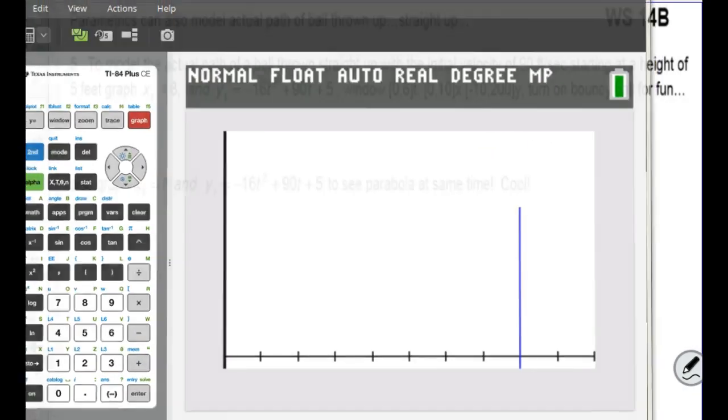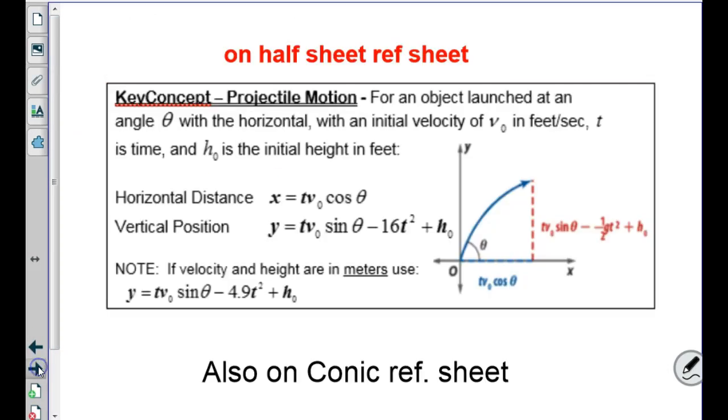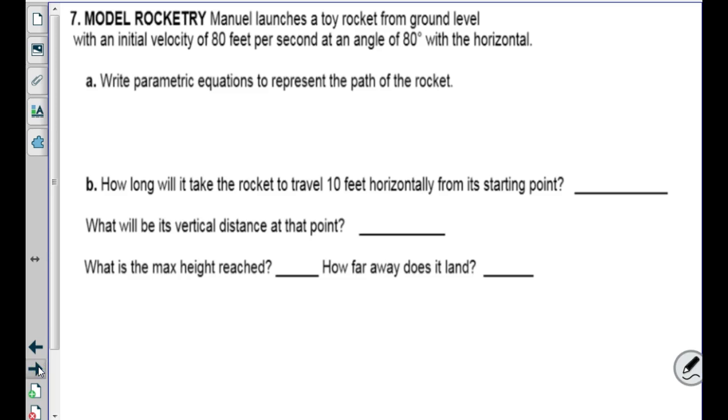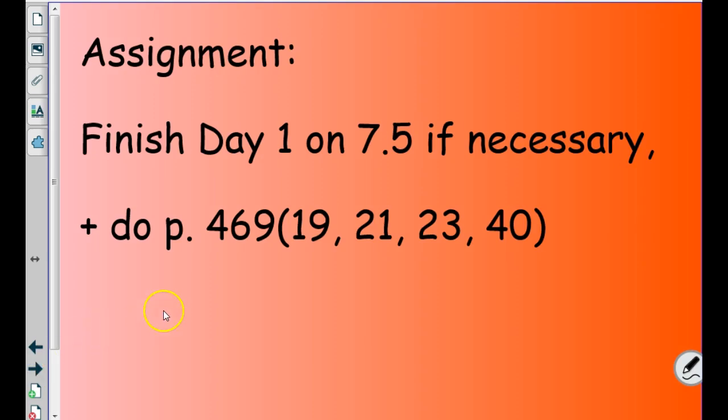All right, but we covered the basics today. We didn't get all the questions done on the notes, but that's okay. So the assignment, guys, is to finish these questions. These are projectile motion questions, okay? So in your packet, worksheet 15, all the circled problems.